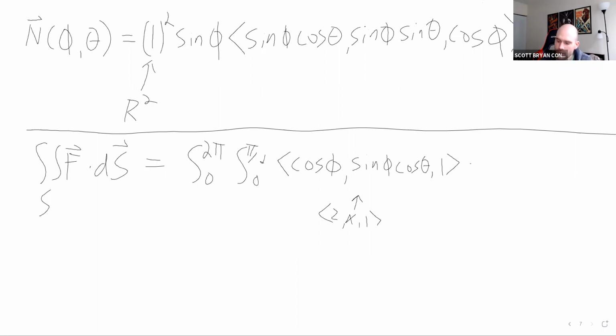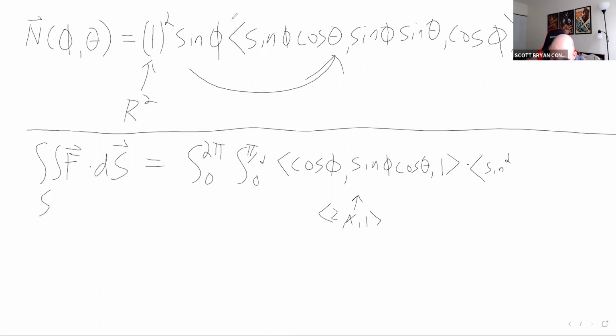And we said our unit normal vector, now I'm just going to bring this radius squared sine phi inside the vector, just so I'm dotting two vectors and it's a little cleaner. So I'm multiplying each component by radius squared sine phi, which is just sine phi in this case.